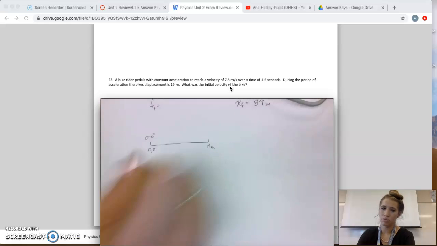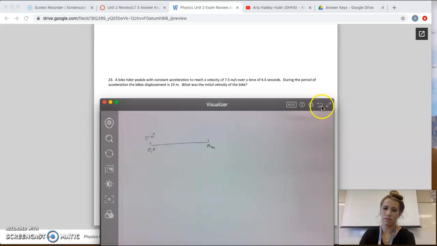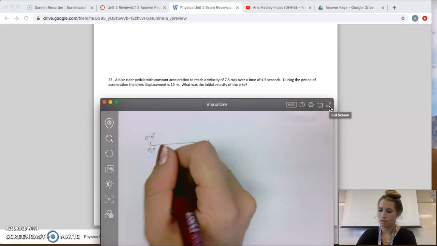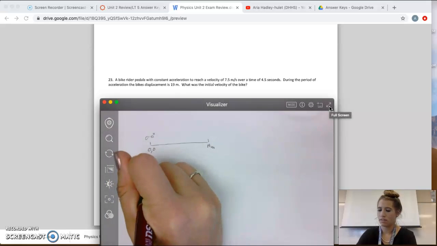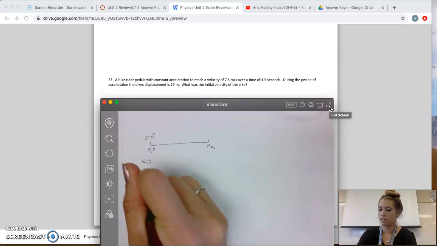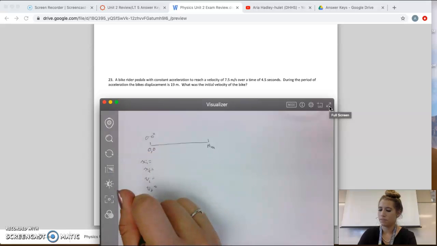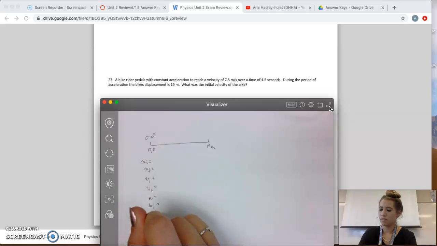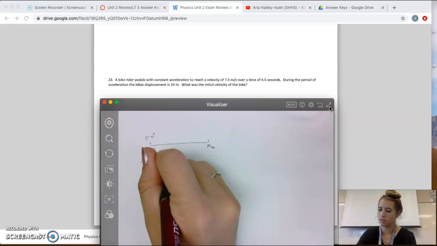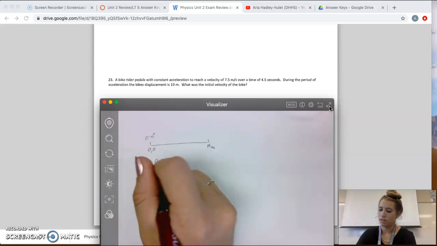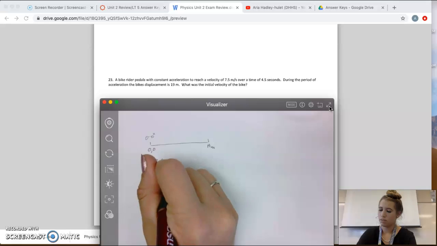Well, I'm going to choose where I'm starting there to be my origin. Okay? And then I'm going to make my list. So x initial, x final, velocity initial, velocity final, acceleration, time initial, time final. So my initial position is 0 because that's where I chose my origin to be. My final position is 19 meters.